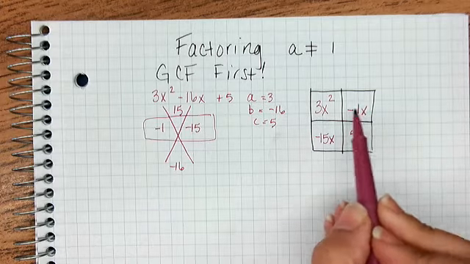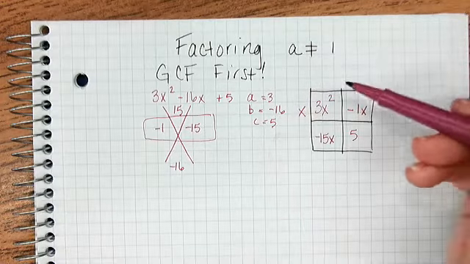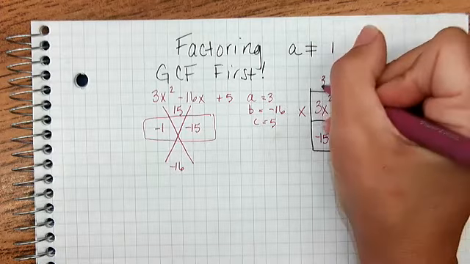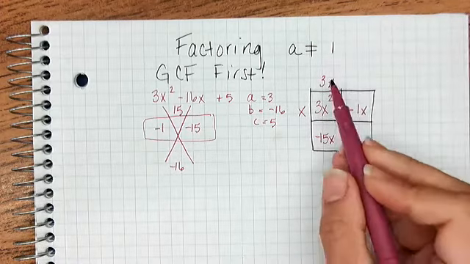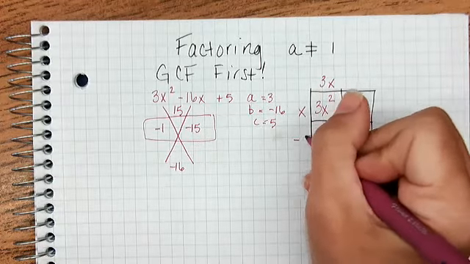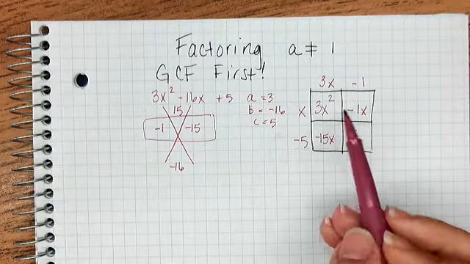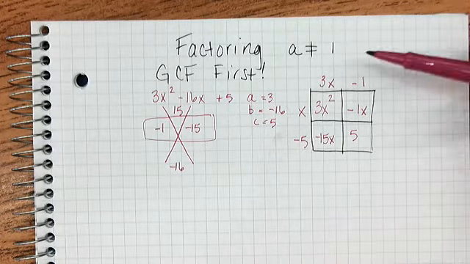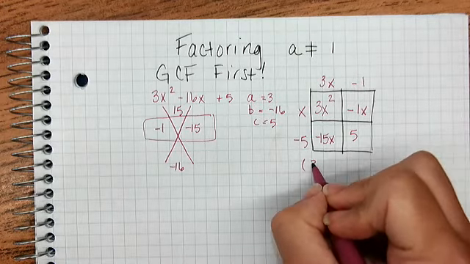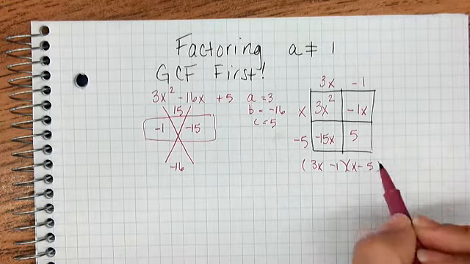Okay, the GCF here is x. Something times x is 3x squared, that's 3x. Something times 3x is negative 15x, that's negative 5. And here we're going to have negative 1. Find the GCF of any row, any column, doesn't matter. When you're done here, you get 3x minus 1, x minus 5.